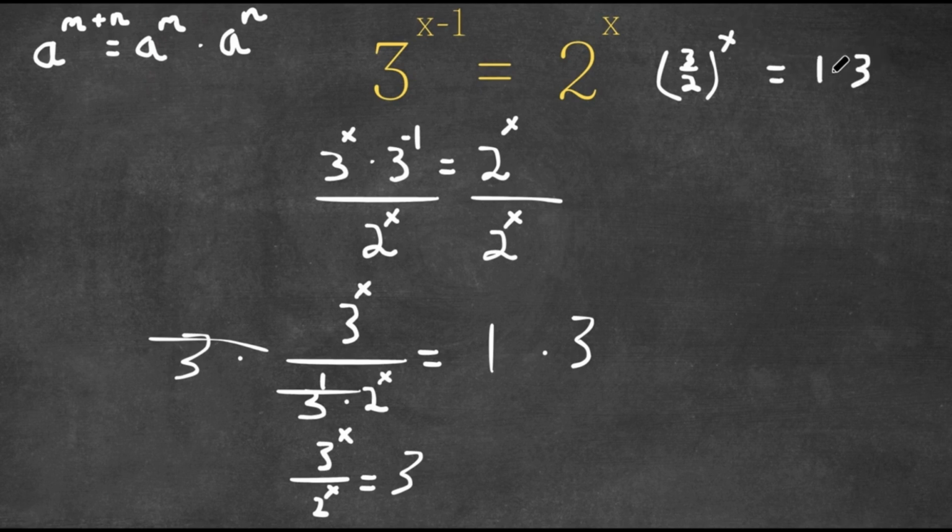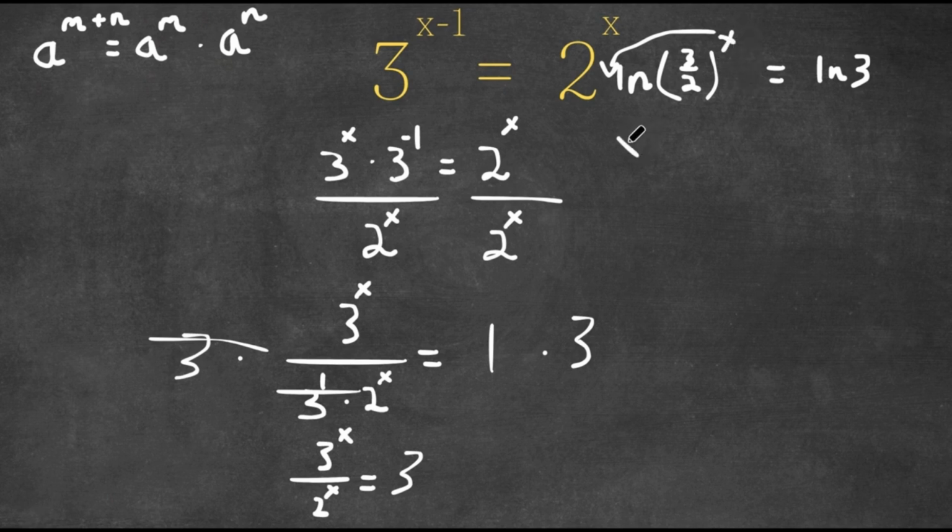Now if I take the ln of both sides, this can actually be moved to the front of the ln because this is an important property of logarithms.